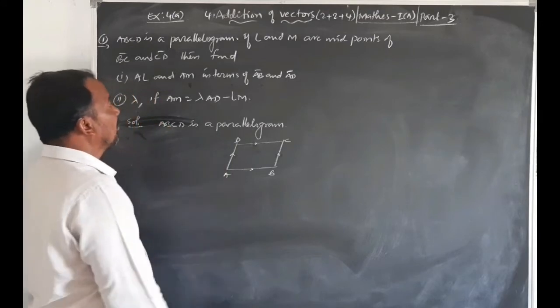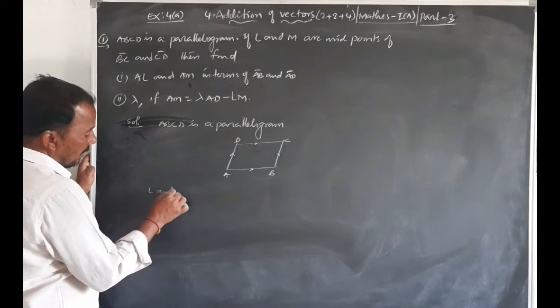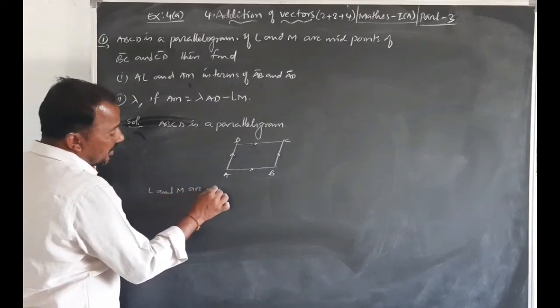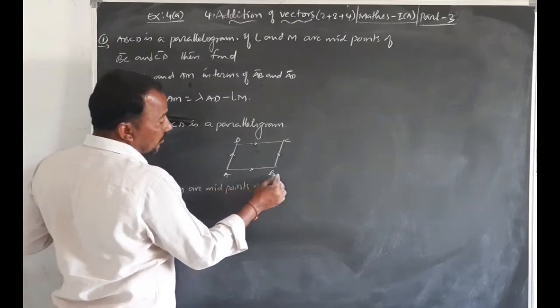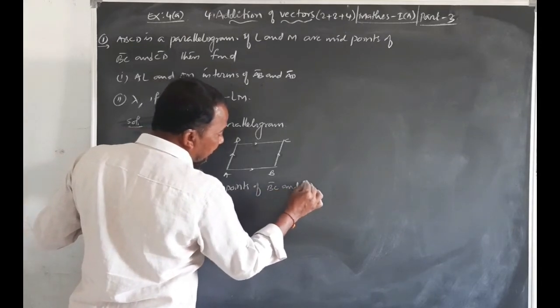And given points L and M are midpoints of BC and CD.